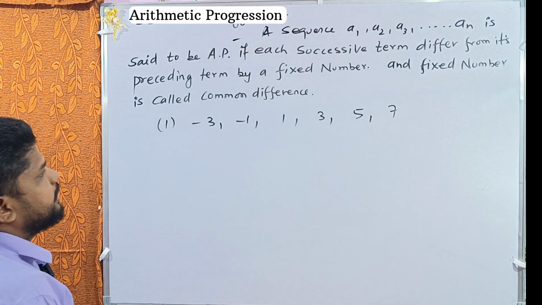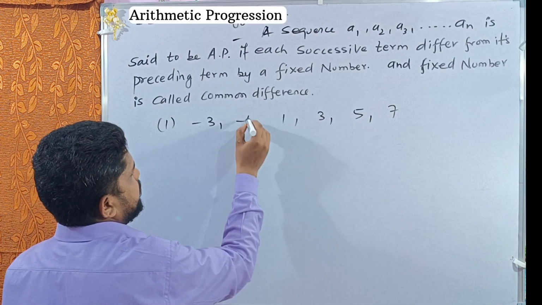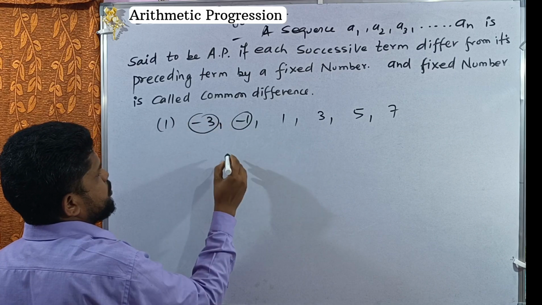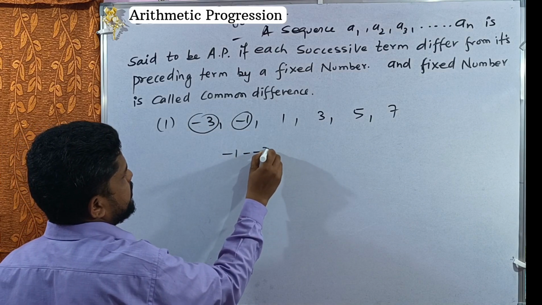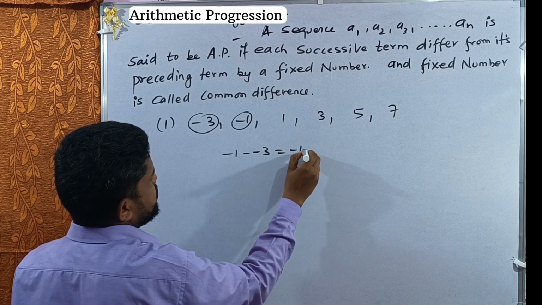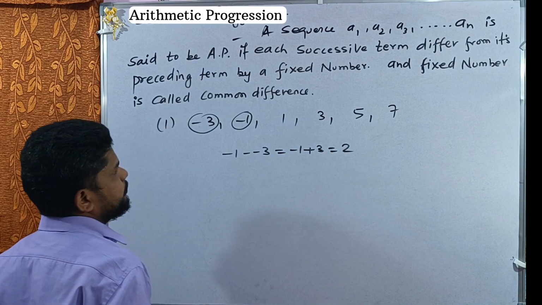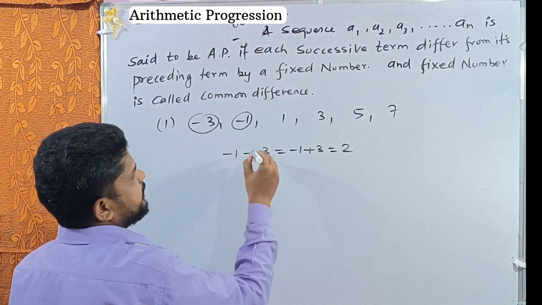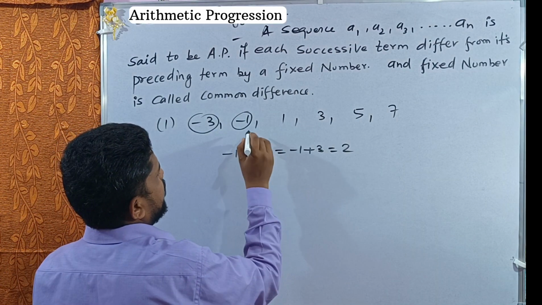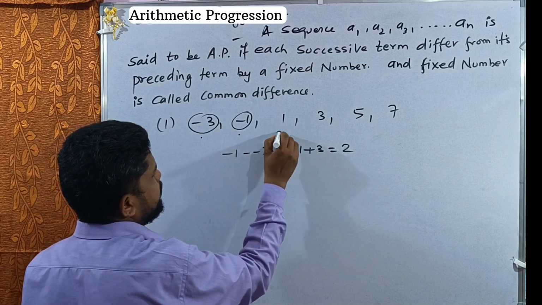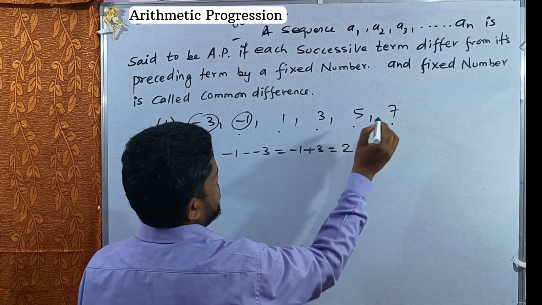As you can see, each successive term, like for this, the preceding term is this. So -1 minus -3 is what? It's -1 plus 3, which is plus 2. And if you take any random term, suppose this is our first term, this is second term, this is third term, this is fourth term, this is fifth term, this is sixth term.